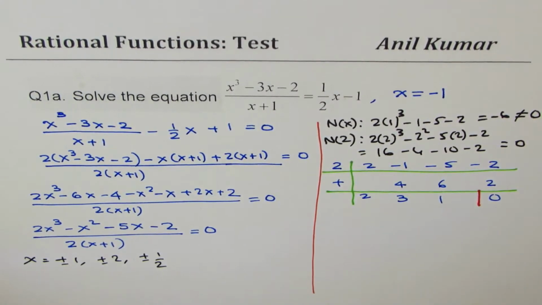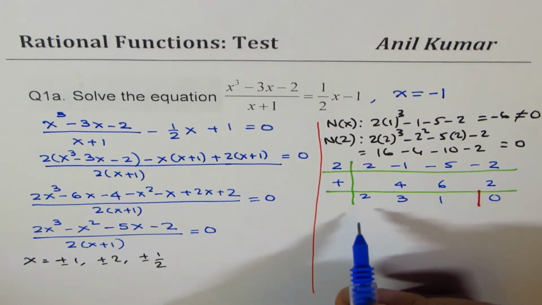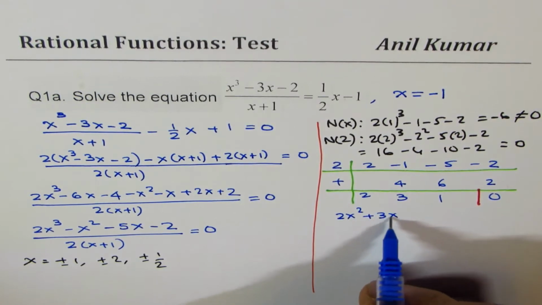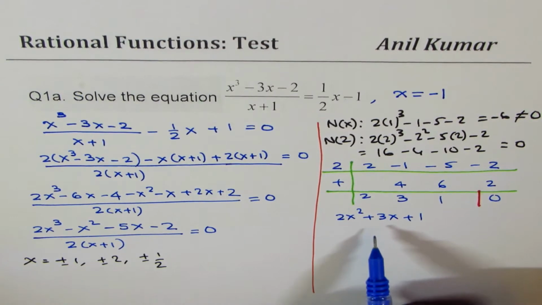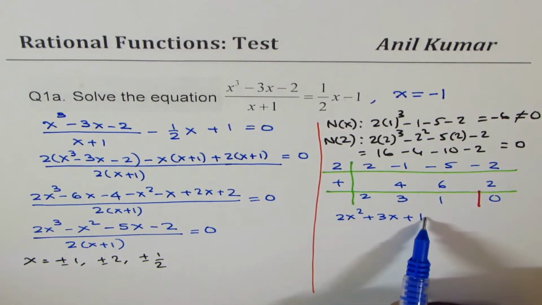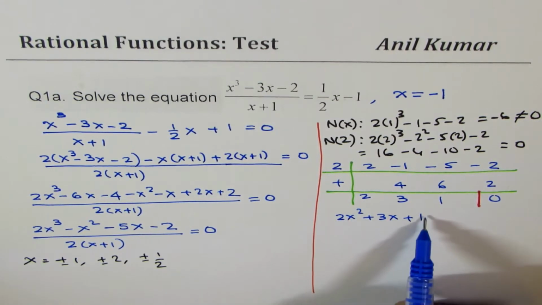So you could write this part as a quadratic, which is 2x squared plus 3x plus 1. Now let us see how we can factor this. Product is 2 times 1 as 2 and the sum is 3, so it could be done.